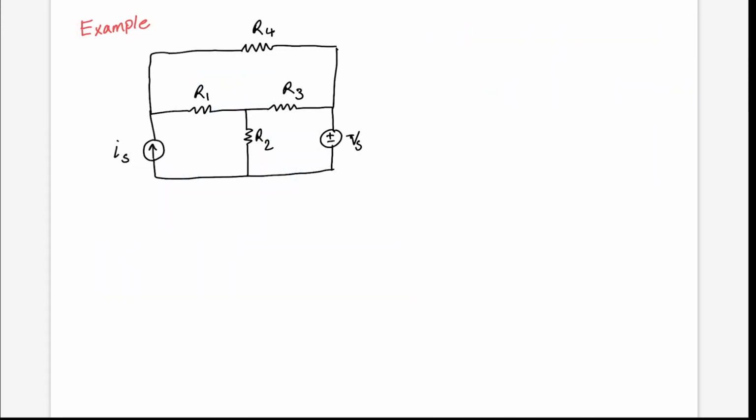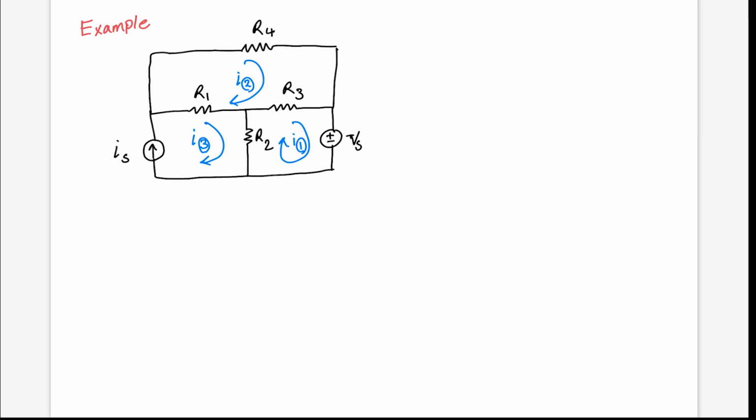In this example, we have a current source in the circuit. So let's implement the mesh current analysis method here. Let's consider this one mesh 1, this one mesh 2, and this one mesh 3.